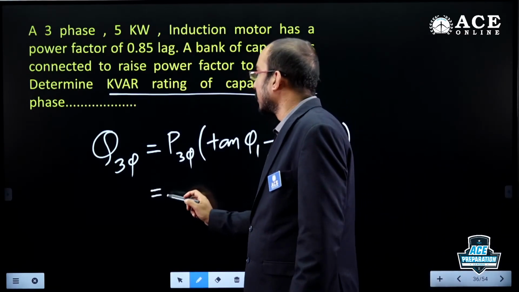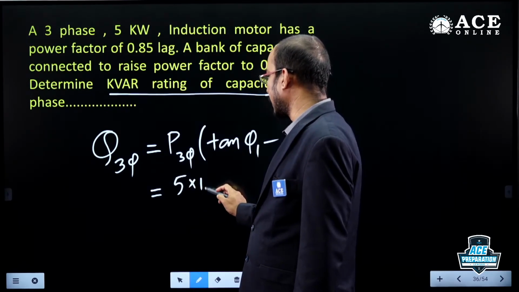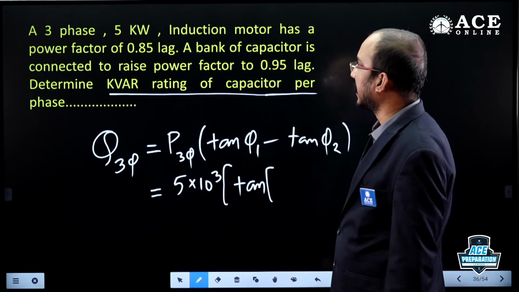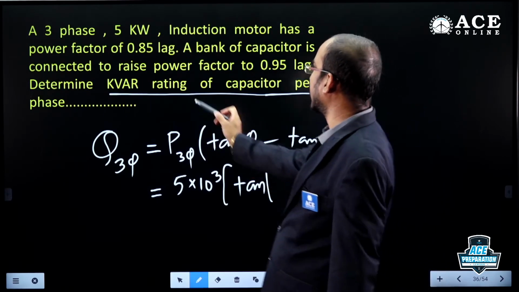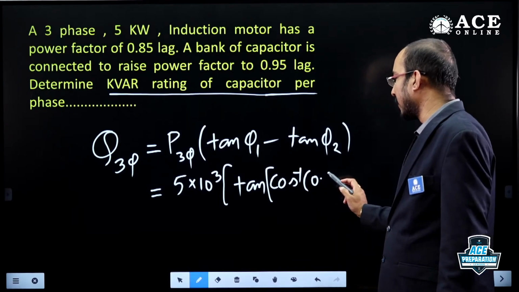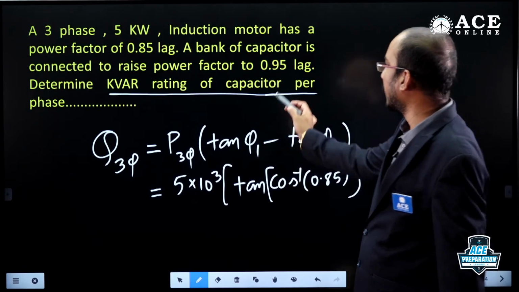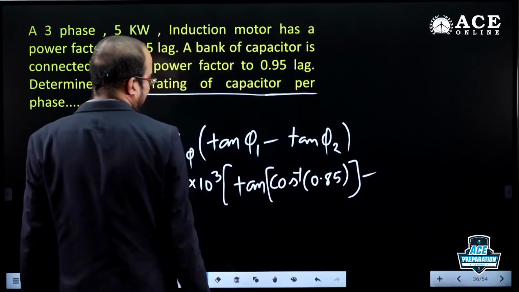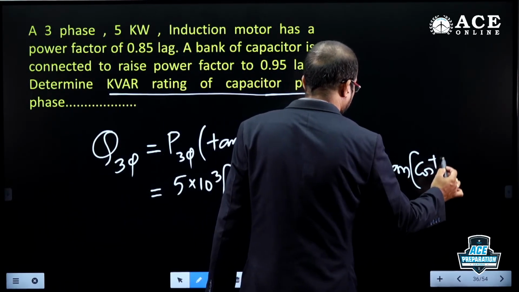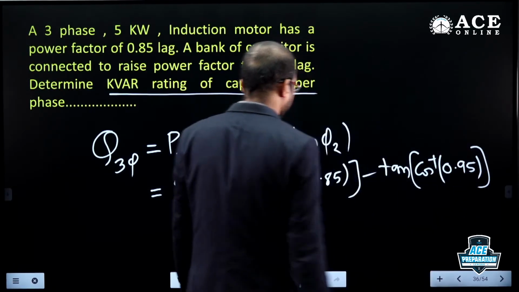So what is the load given? A 3-phase induction motor of 5 kilowatt, 5 into 10 power 3 into tan of, initially it is operating at 0.85 lag, tan of cos inverse of 0.85 lag, minus, the power factor is to be improved to 0.95 lag, that is tan of cos inverse of 0.95 lag.